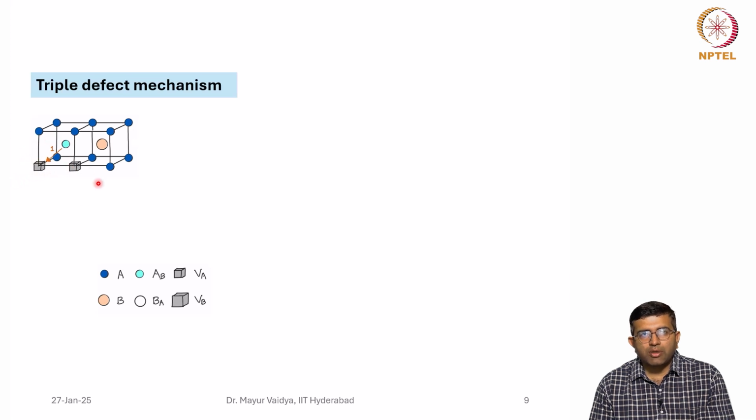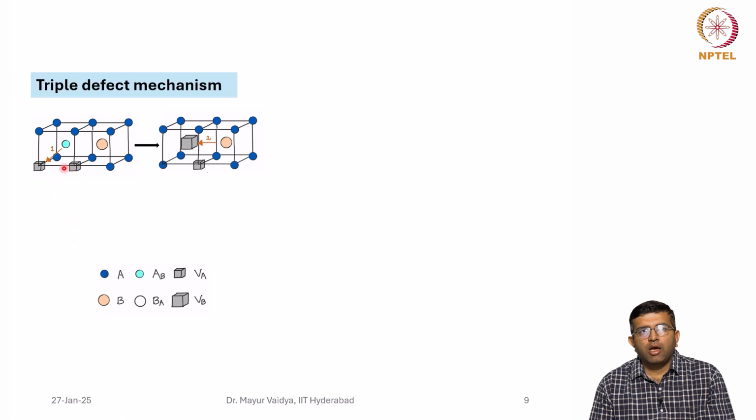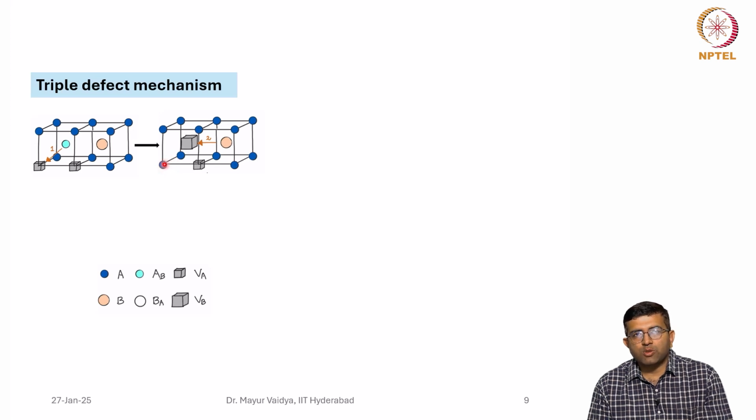Now, what can happen in this mechanism is that the first jump happens such that this anti-site atom exchanges its position with this vacancy. So, now you have the vacancy on the B sublattice. And now you see this atom's color has changed, because now it doesn't remain an anti-site defect, it comes to its original site.